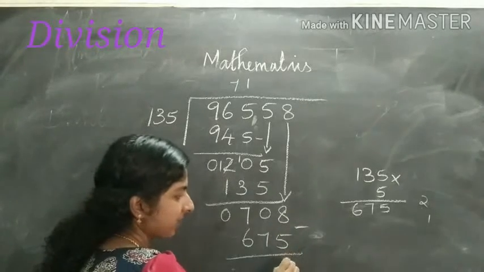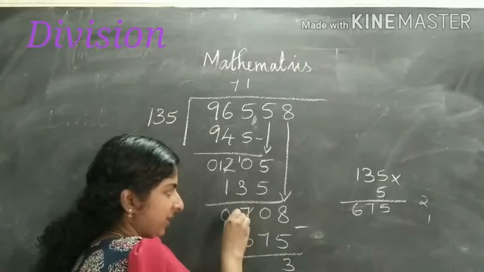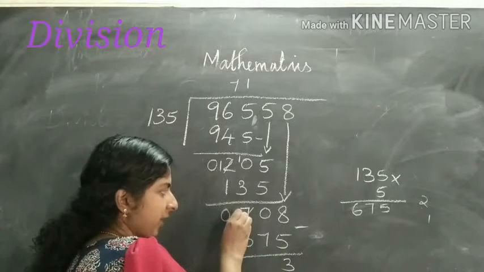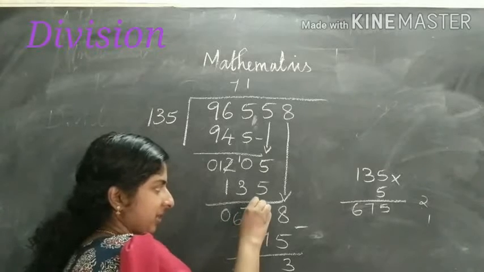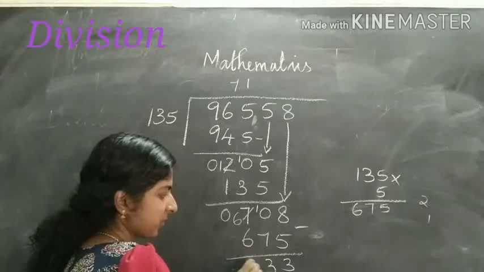8 minus 5, 3. 0 minus 7 is not possible. So we take 1 from the left side. Here 7. We take 1. Balance is 6. Here 10. 10 minus 7, 3. Then 6 minus 6, 0.